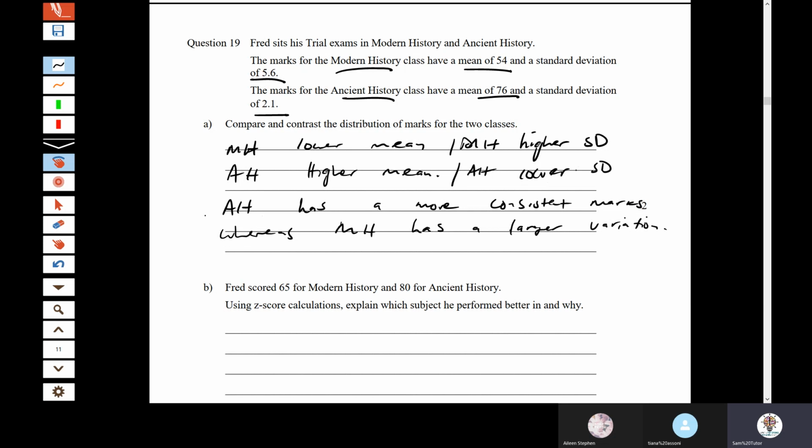If it was the other way around, the way I was writing it before, I was going to say even though modern history had a lower mean, but because it had a lower standard deviation, that means it was even more consistent. Depends on how you see it. From a teacher's point of view, that means everybody did the same, which is good. But anyways, and then Fred scored 65, so that's his score for modern.